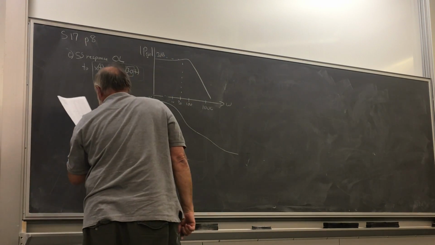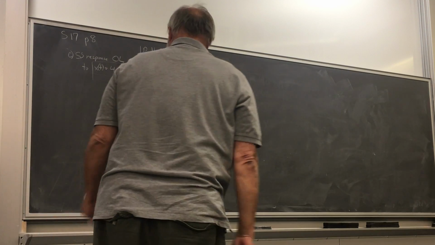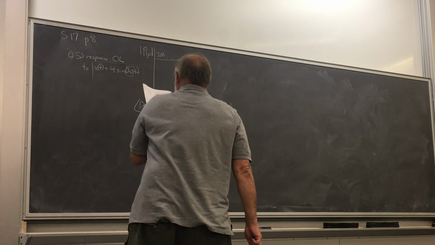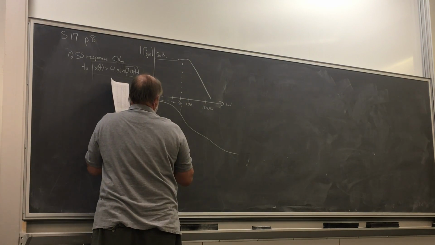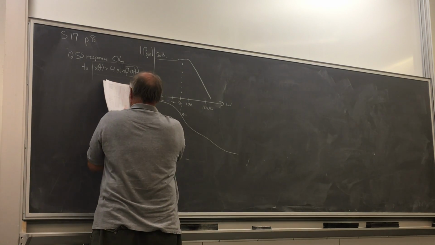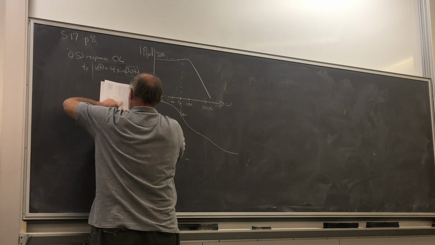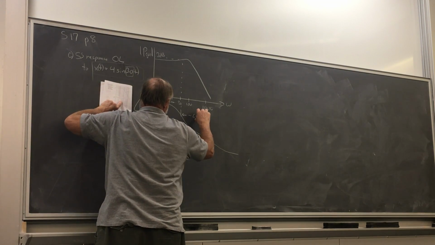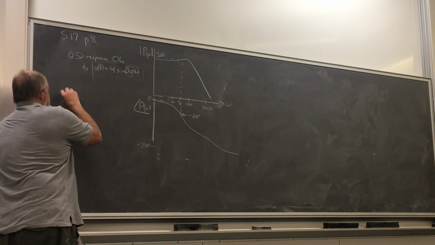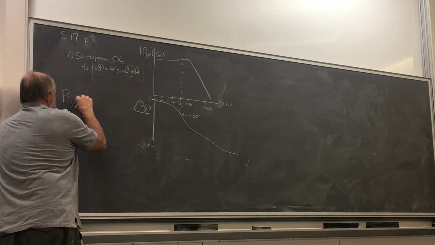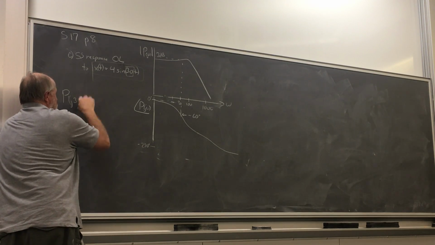Is that what I use down here? Yep, it is. And for the angle, I look at the same exact frequency, and when I look at this, I get an angle of about negative 60 degrees. So what is the plant's transfer function P of j30 equal to?